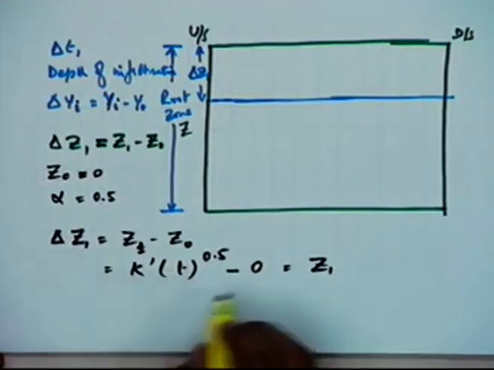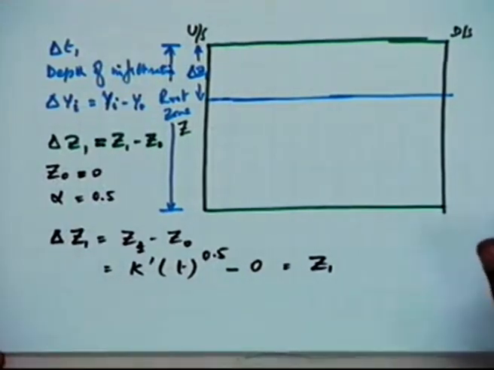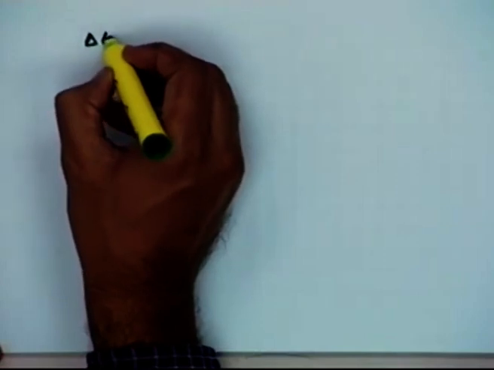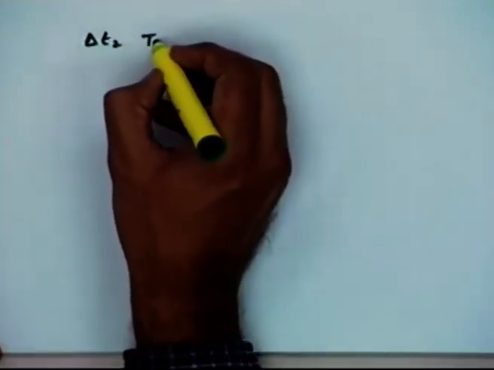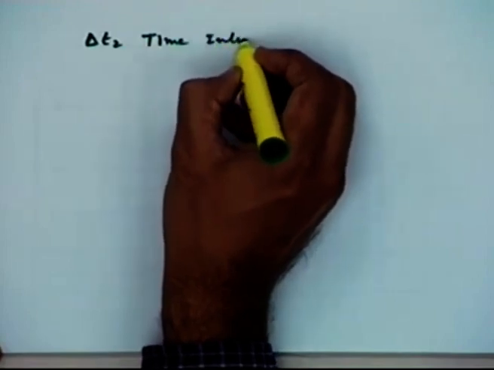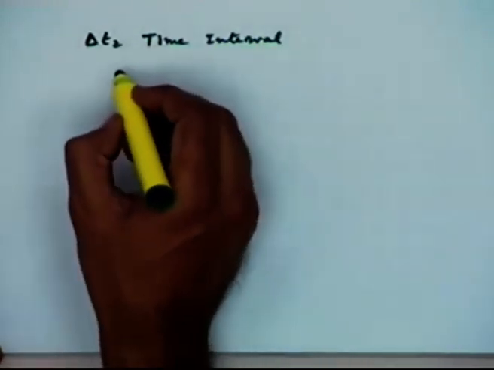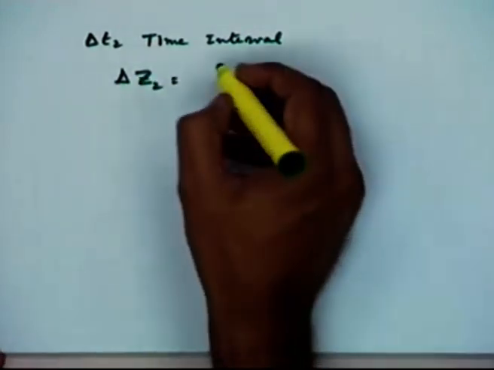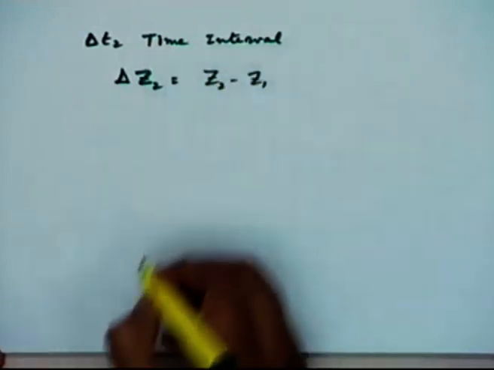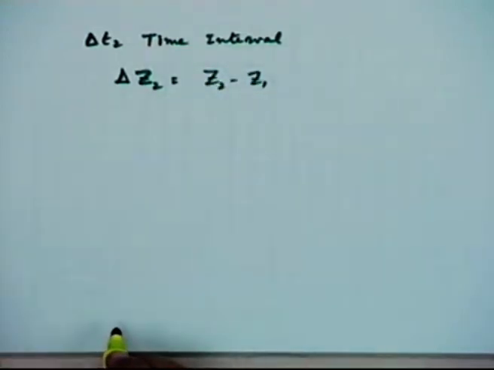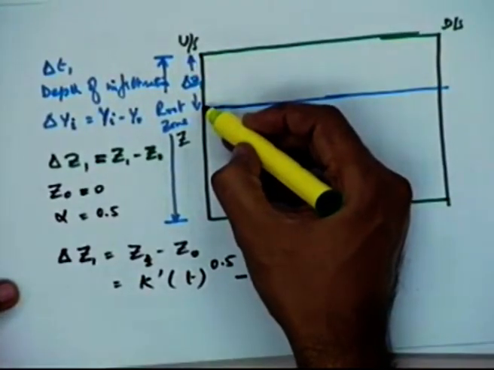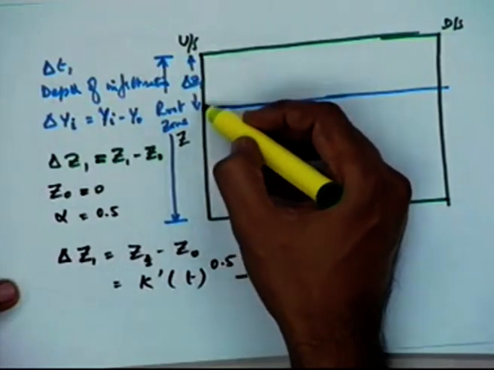I can similarly write the expressions for other intervals. For the delta T2 time interval, I can find out delta Z2 as Z2 minus Z1. Now Z1 is nothing but this much depth, isn't it? Z1 is equal to delta Z1.